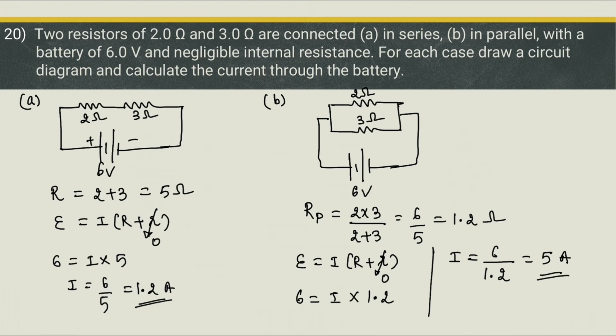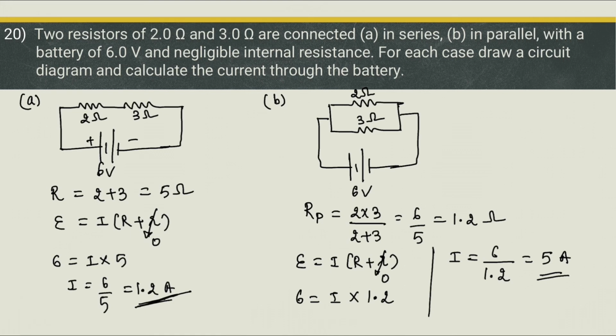When two resistors are connected in series with each other and then connected to the 6 volt battery, the current is 1.2 ampere. But when the same resistors are connected in parallel and then the battery is attached to that combination, the current becomes 5 ampere.